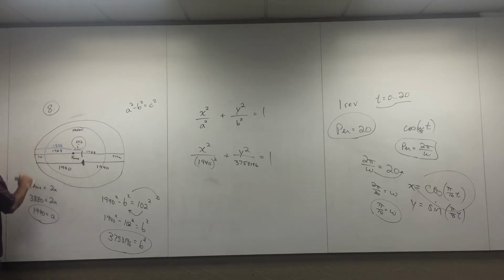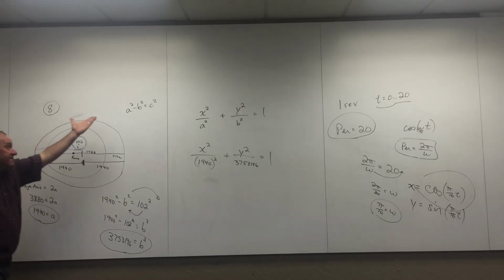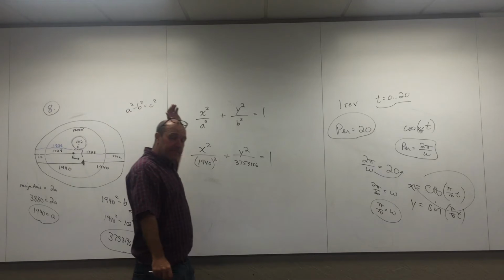That's 1838. That's what we did. We added those up, and then 1940 minus 1838 left me with this. That's what I needed. I needed to find c to get b.